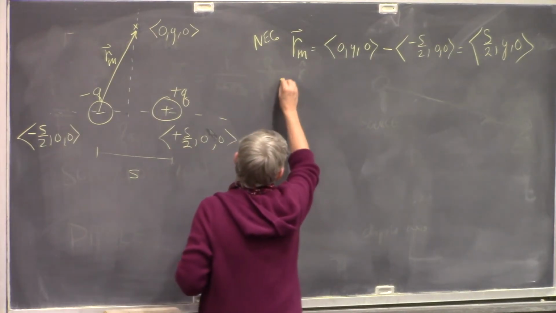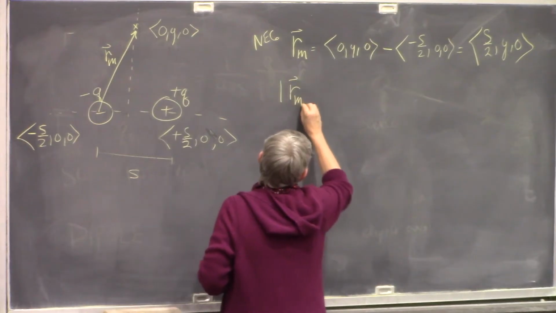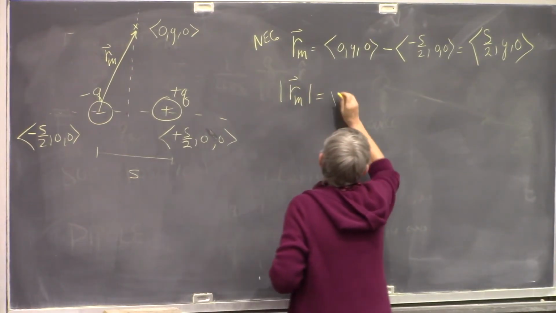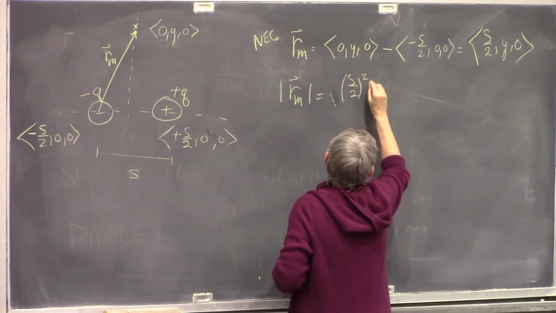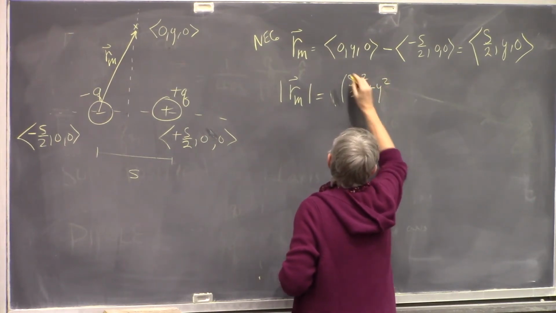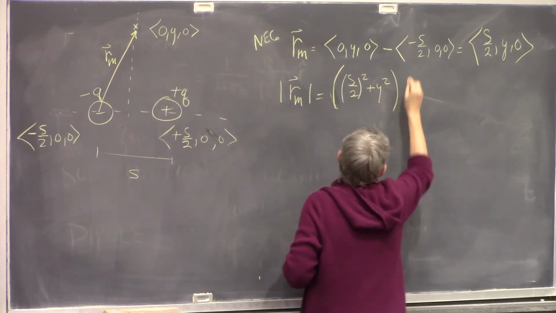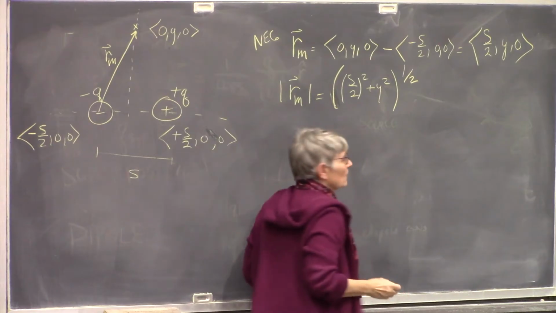So now we need the magnitude. That's going to be s over 2 squared plus y squared, the square root of that whole thing.